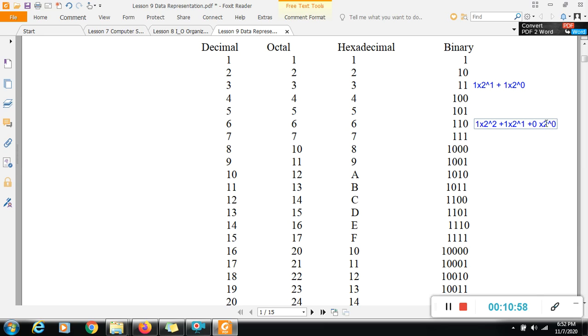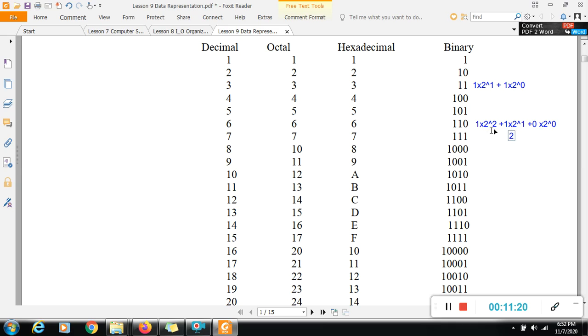Any number raised to the power of 0 is 1, but any number multiplied by 0 is 0. Nothing multiplied by anything is nothing. That's the power of nothing. Any number raised to power 1 is itself. So 1 times 2 to the power of 1 becomes 1 times 2, which gives us 2. So here we have 2.